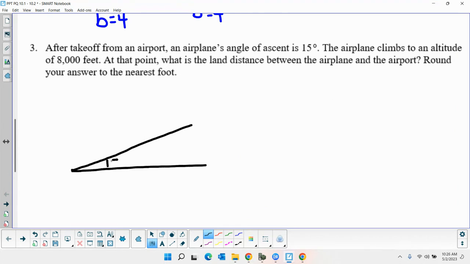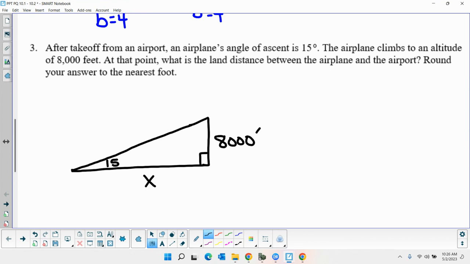So this is 15 degrees. It gets so high. How high does it get? 8,000 feet. Which one of these is the land distance? The bottom or the hypotenuse? The land distance. The bottom, right? Understand that? There's our picture.